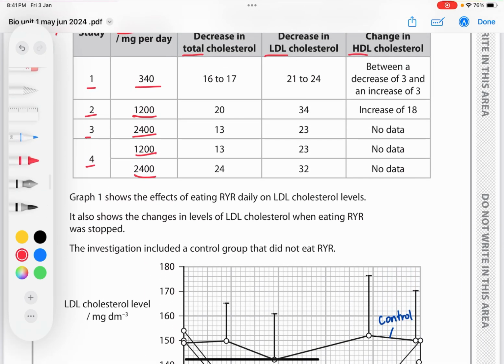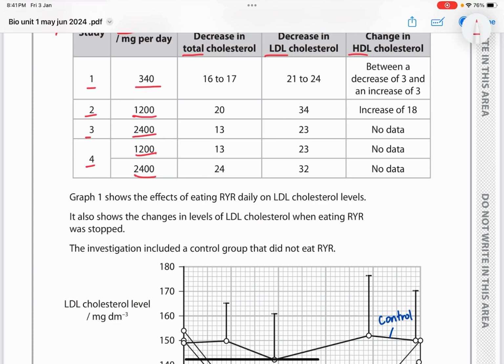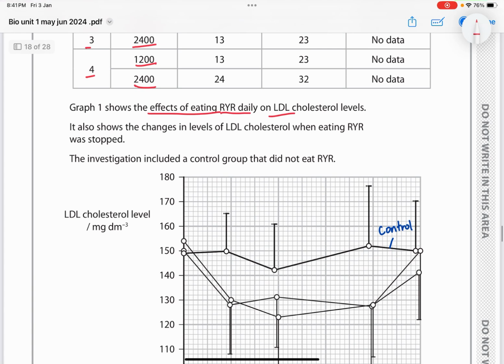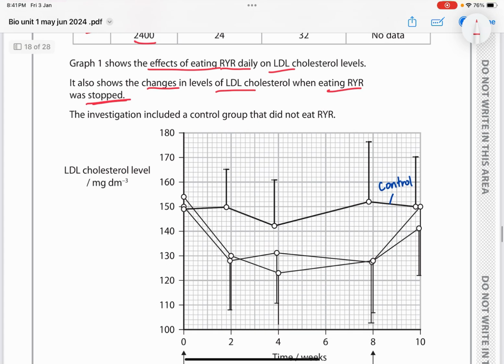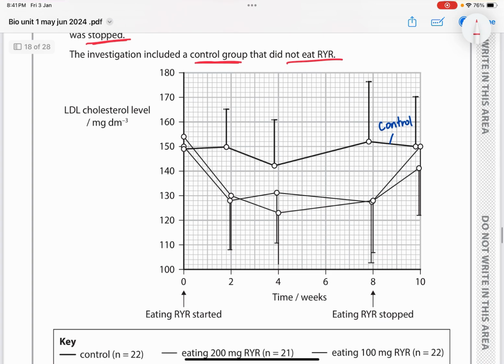So here now we have graph 1, which shows the effects of eating RYR daily on the LDL cholesterol levels. It also shows the changes in levels of LDL cholesterol when eating RYR was stopped. That's important. The investigation included a control group that did not eat RYR. Okay.